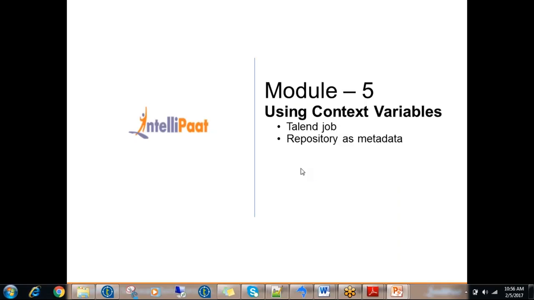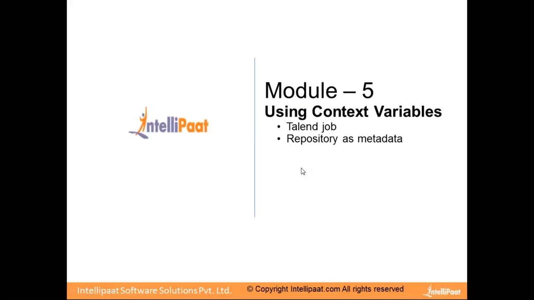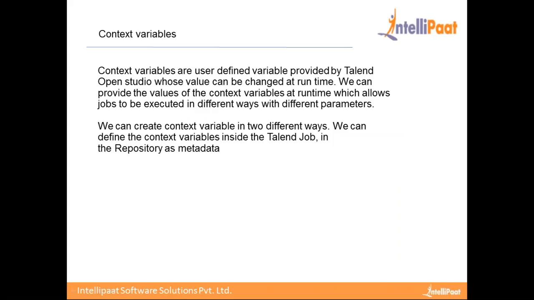Okay, so now we'll see how to use context variables, because that is the important part wherein we can provide runtime values into our Talend job. Context variables are placeholders for the values in our job where we provide values as per our requirement, and which are not job specific.